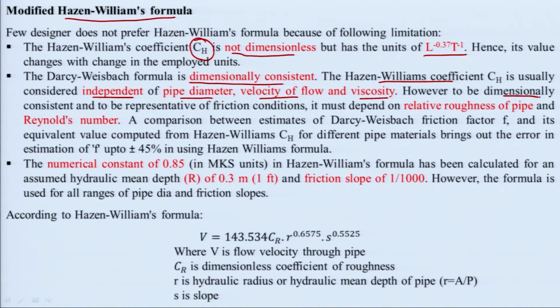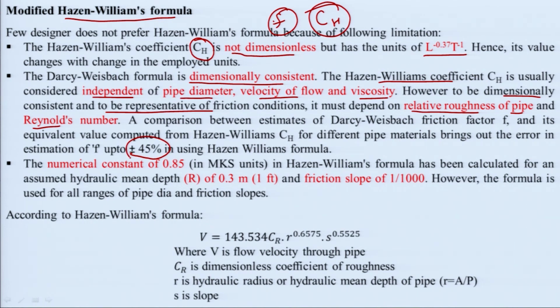However, to be dimensionally consistent and representative of friction in conduits, it must depend upon the relative roughness of the pipe and Reynolds number. When we compare the friction factor and the value of CH, there is an error, and the estimated error is about plus minus 45%.